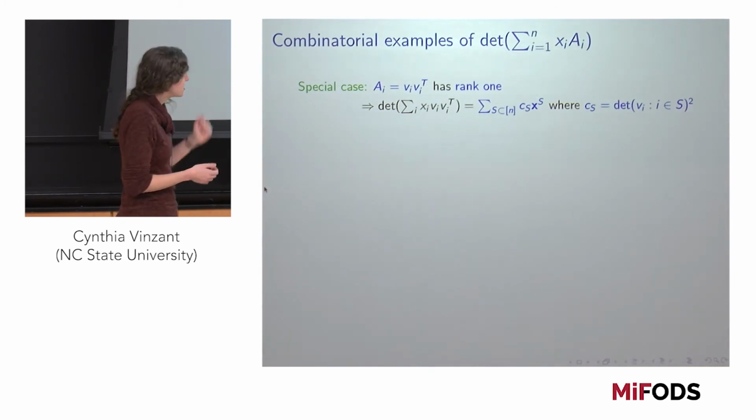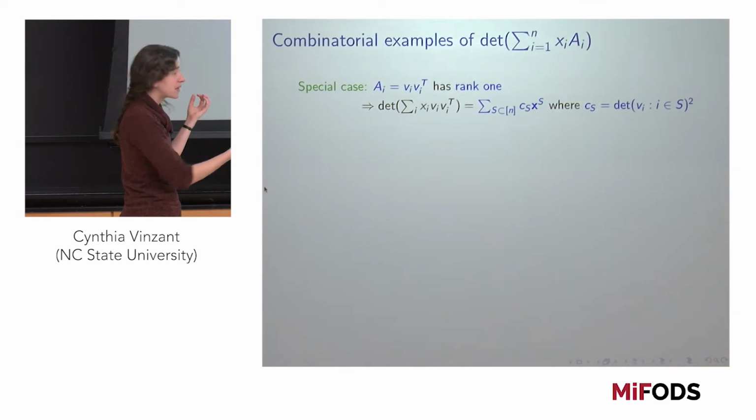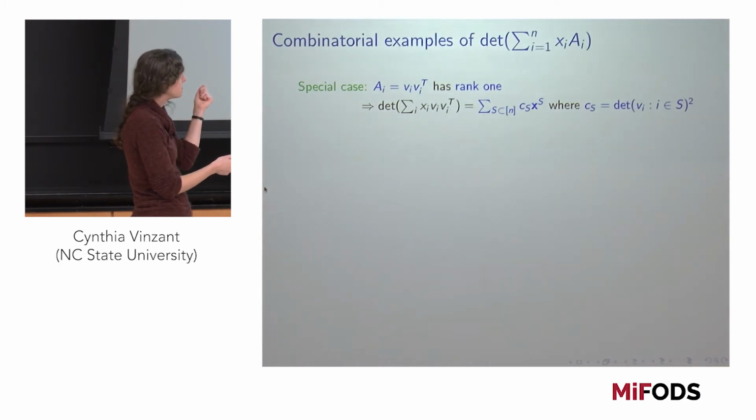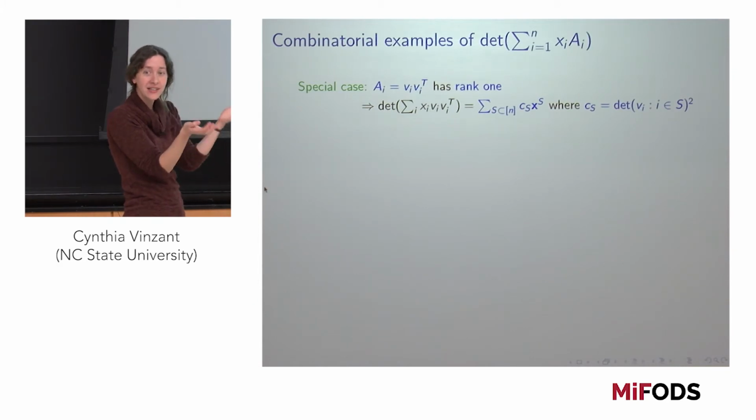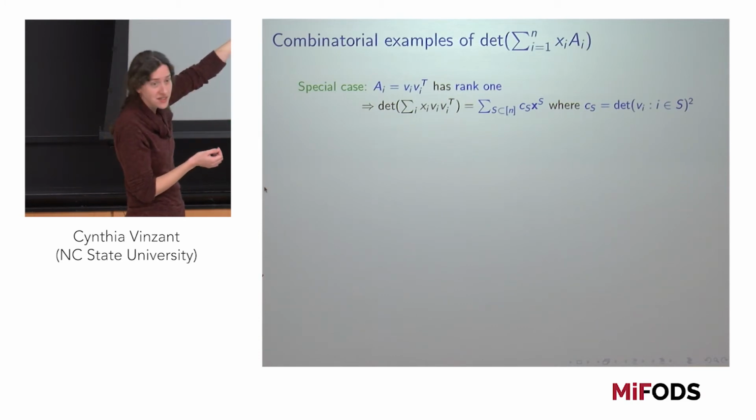And the coefficient corresponding to any subset is exactly a determinant. So if these are vectors in R^d, then you'll get a degree d polynomial. If you take any subset of d of them, you can form them into a little d by d matrix, take its determinant and square it, and that will be the coefficient that shows up in this polynomial.